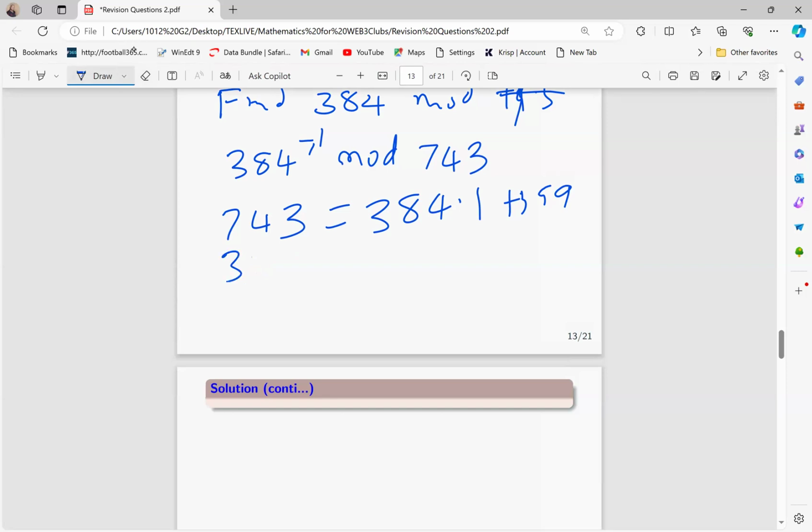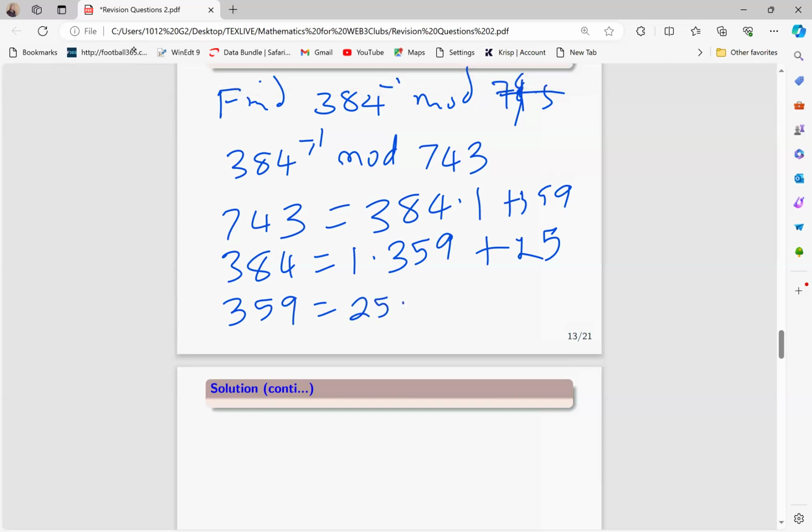So 359 goes 1 time, and the remainder is 25. And then 9, and then 14 is the remainder.